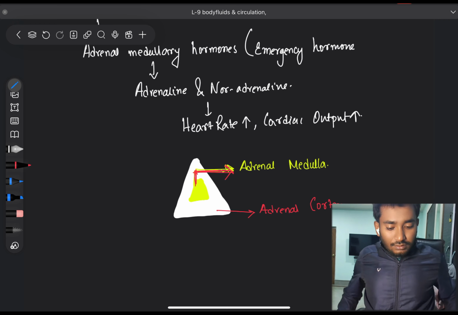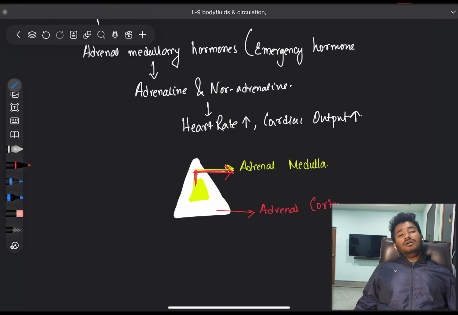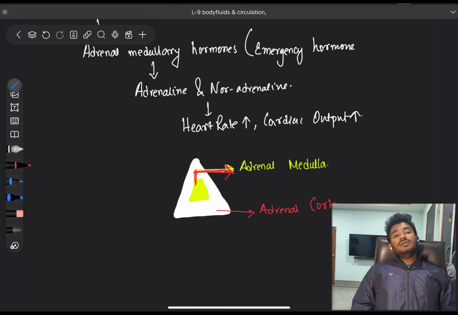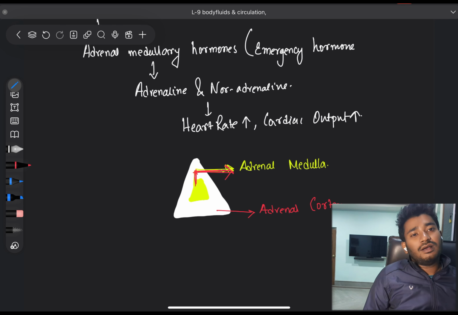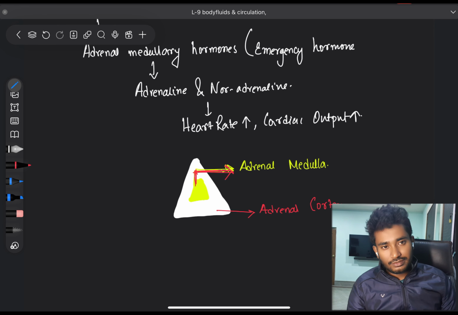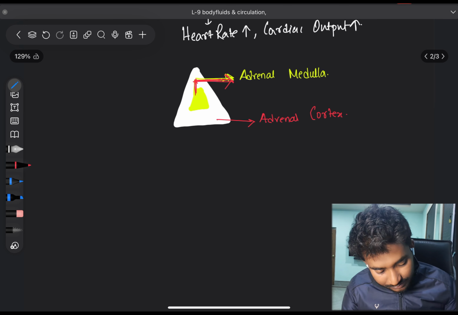The adrenal gland is situated just on the superior portion of the kidney. It is also called the suprarenal gland, as it lies in the superior portion of the kidney.